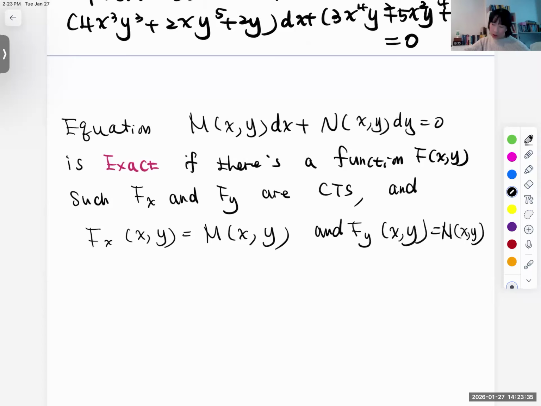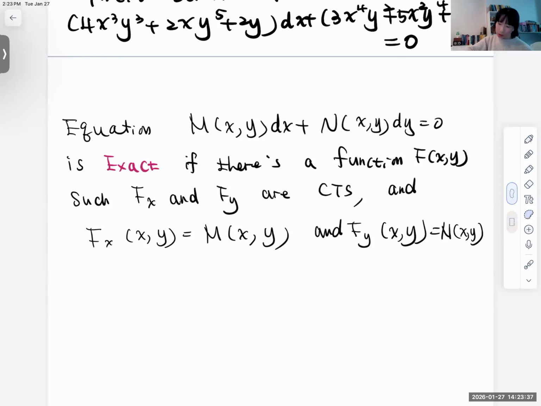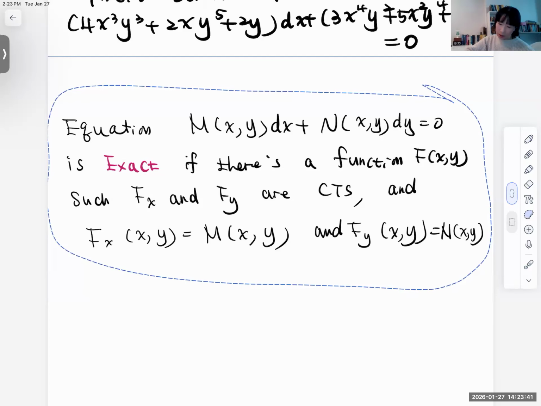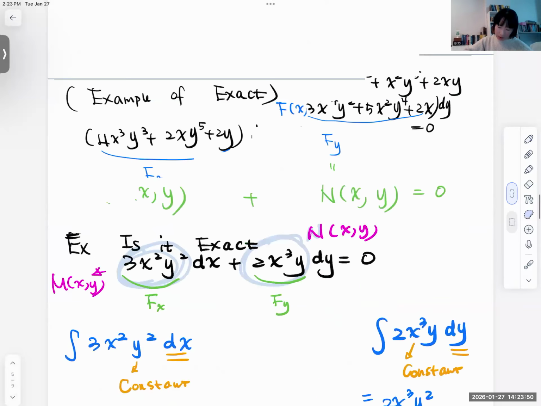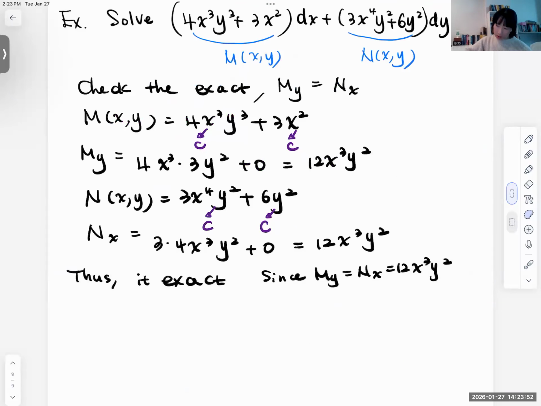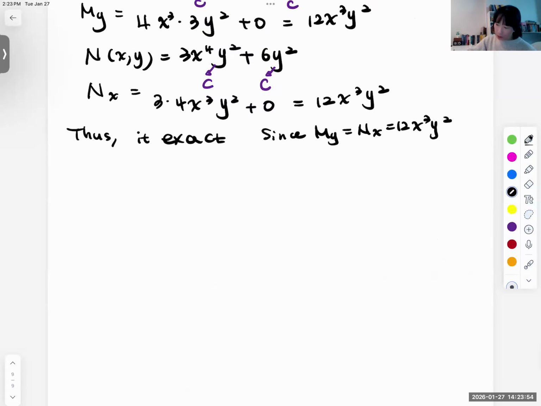Oh, so the equation, note previously, right? Come on, copy, please. Copy. Yeah, so previously, we have that, right?